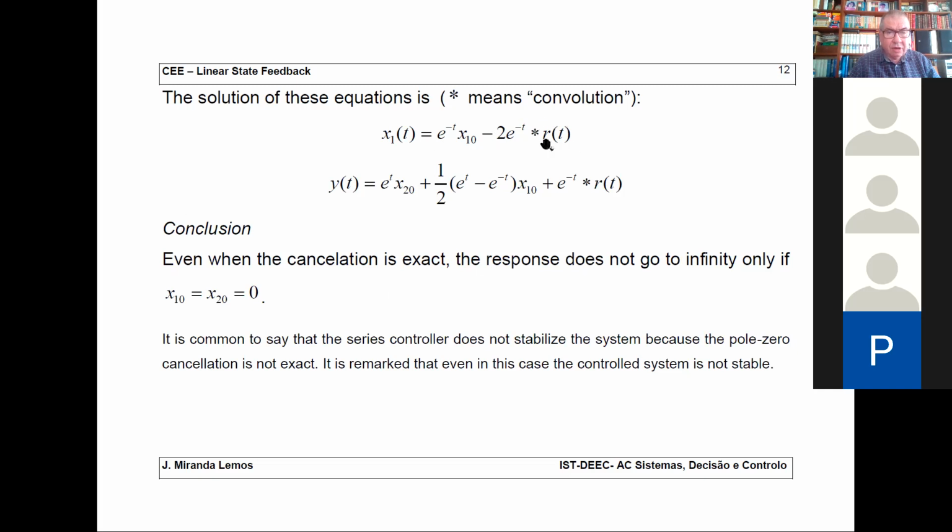Okay, this convolution is that integral. Suppose that r is 0, this is not even there.